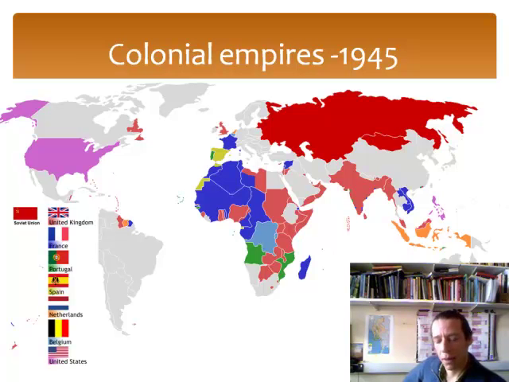Large areas became taken over by traders, by merchants. British under the East India Company followed the Dutch model of the Dutch East India Company. French also expanded and took over large areas.